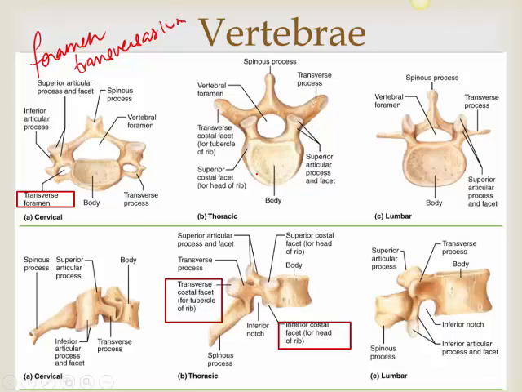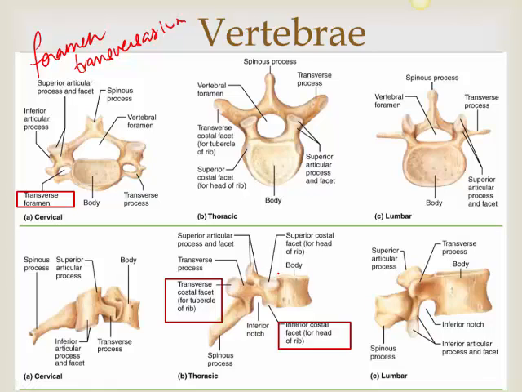The thoracic vertebrae's special feature is that this vertebra is in the region of the thoracic cage where ribs articulate with it. So ribs have to attach to the thoracic vertebra. We will find that on the side of the body and on the transverse process. You can see some of it over here and here, but it's better seen from the side view.